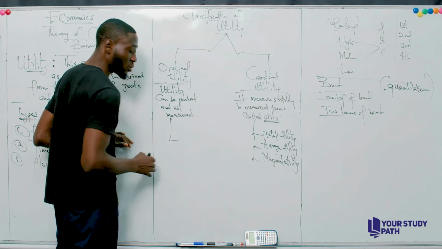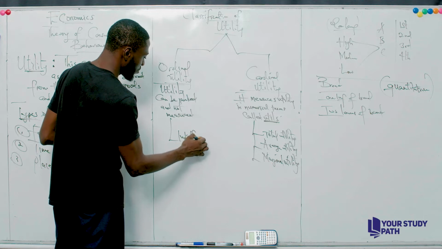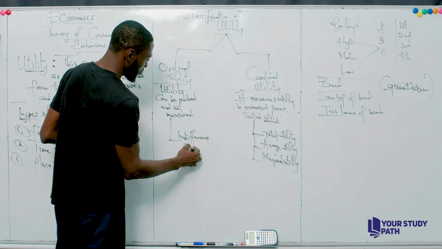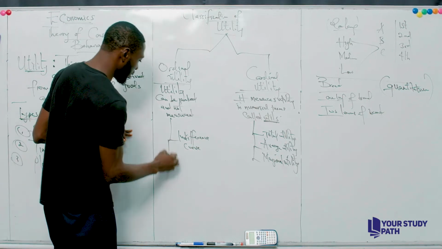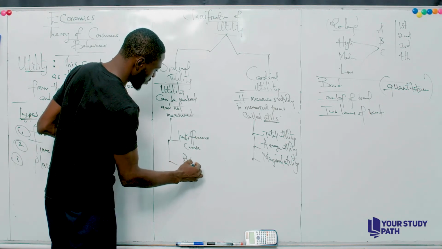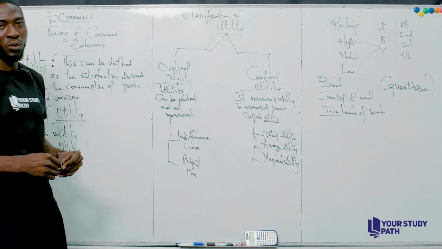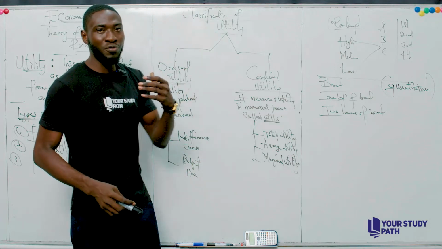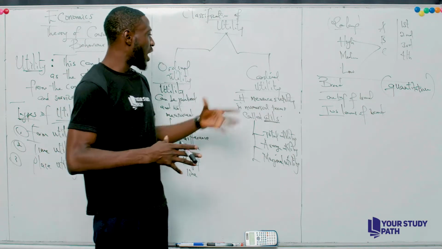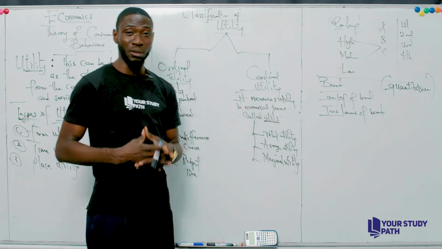We call the tool the indifference curve. And we can also say the budget line. So if you should see a question like, what are the tools used by the cardinal utility approach?